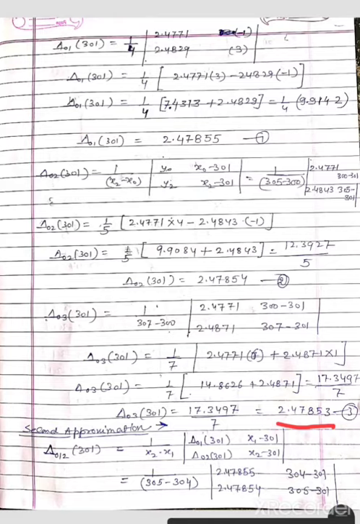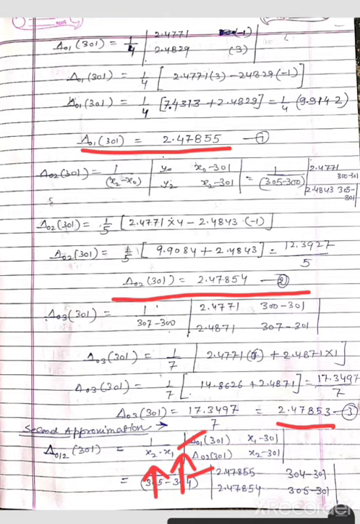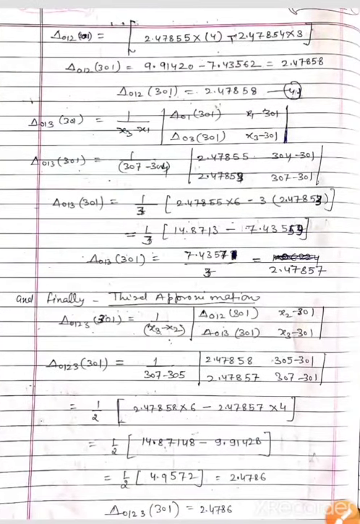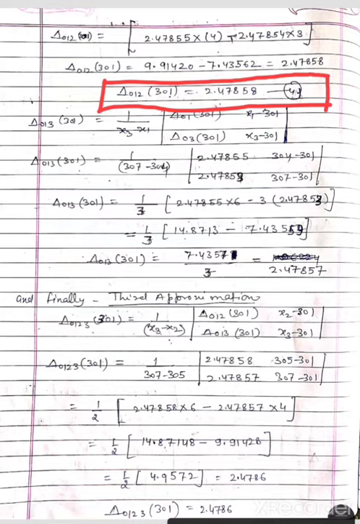Now comes the second approximation. For the second approximation, we consider the values of delta 01 and delta 02 at x equals 301, and considering the points x2 and x1, the value of x2 equals 305 and the value of x1 equals 304, and putting the value of x, which is 301, in this formula and solving, we obtain the second approximation given by delta 012 at x equals 301, which comes out to be 2.47858.